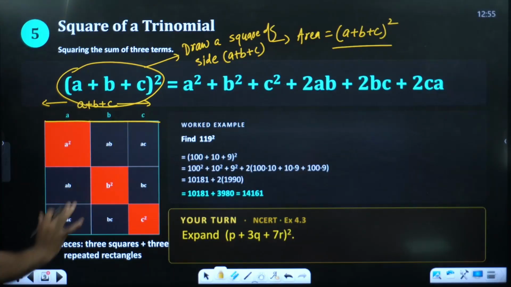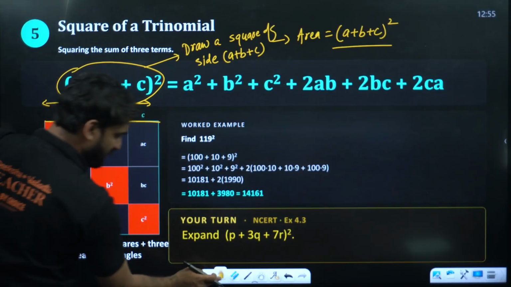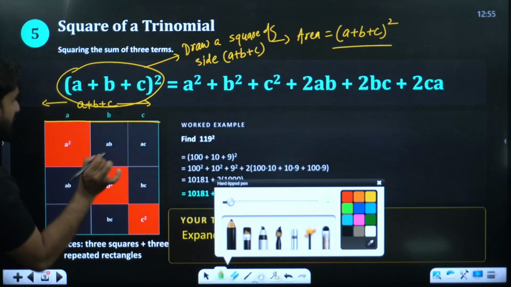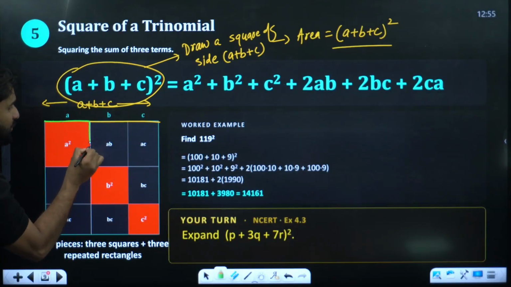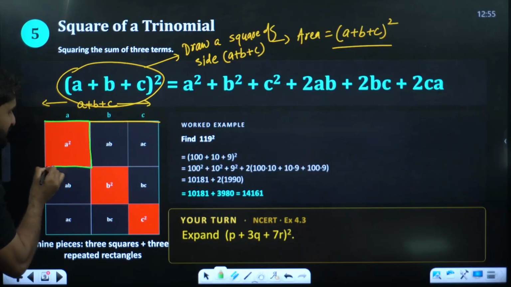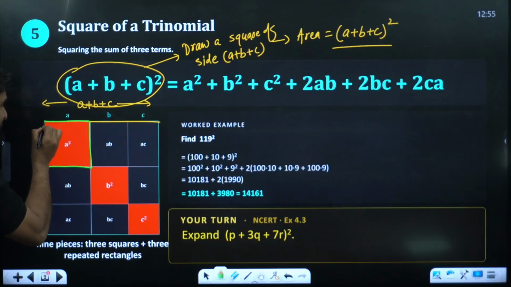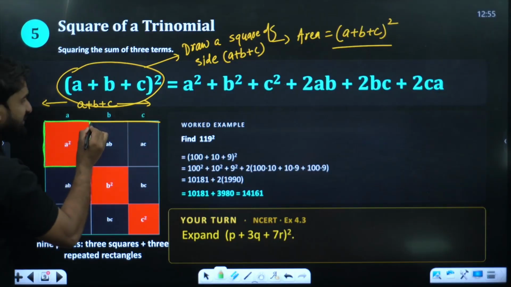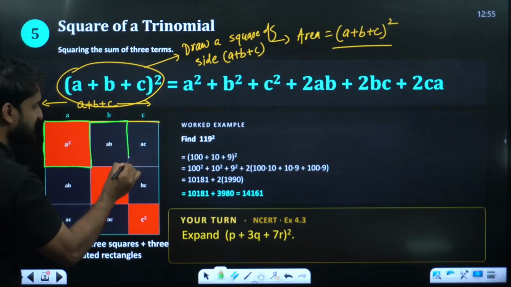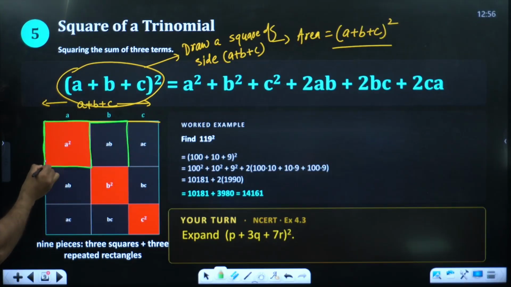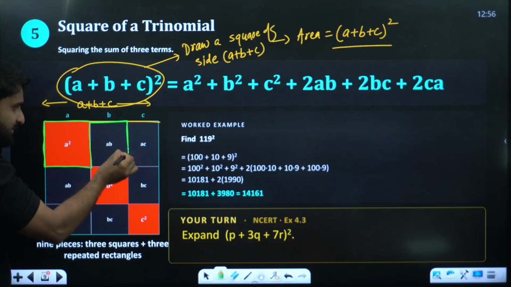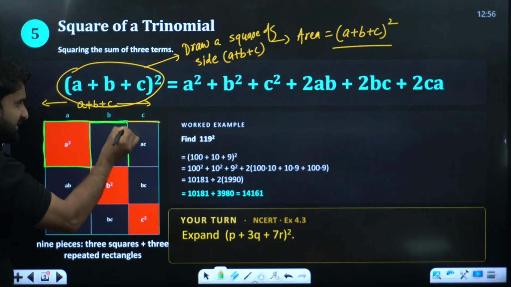Now, my dear champion, look here. Let me use green color. I think green color will be visible. So my dear, if this is a, this square has become side of a. And if this is b, and this is a here, so this is the a part and this is the b part.